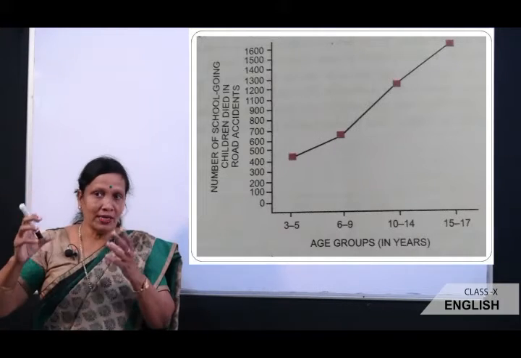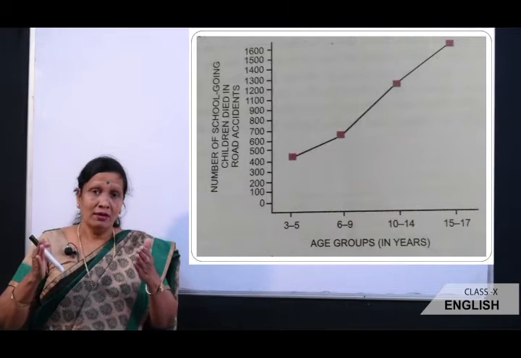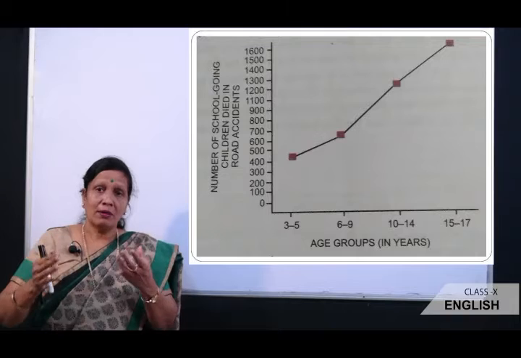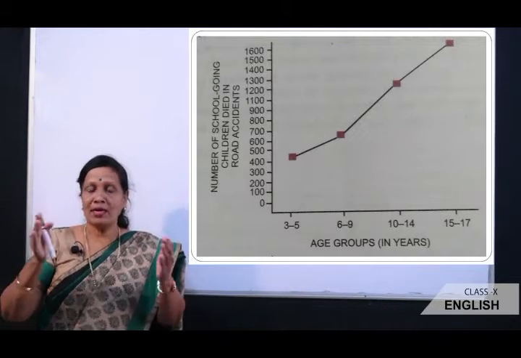So you need to carefully analyze and understand first and then compare, okay, what were the number of deaths occurred in different age groups, and you can compare them.